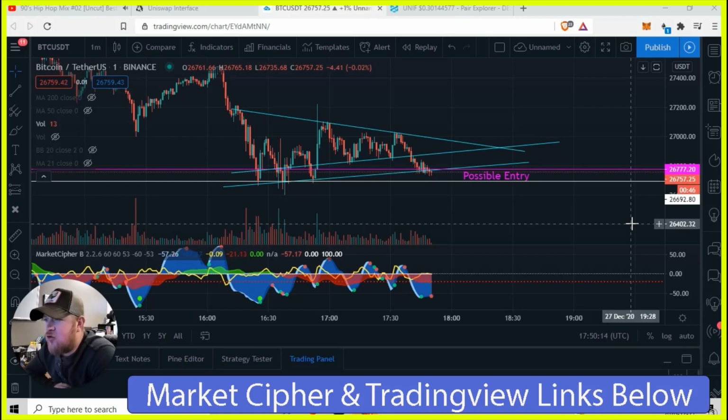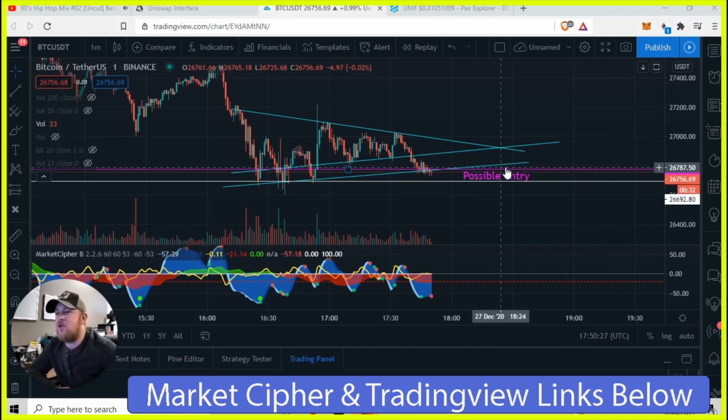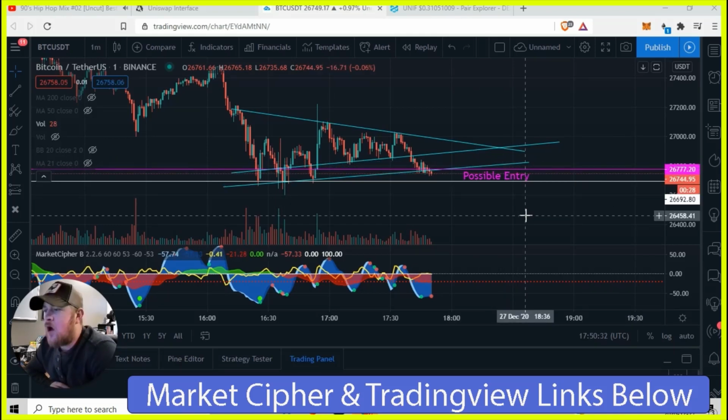It is showing a bit of support, but anything can happen on the 1 minute chart. So my average entry right now is 27801, which is not really the worst entry unless this line here turns into resistance. I'm hoping it doesn't.